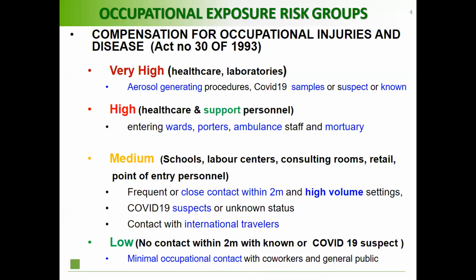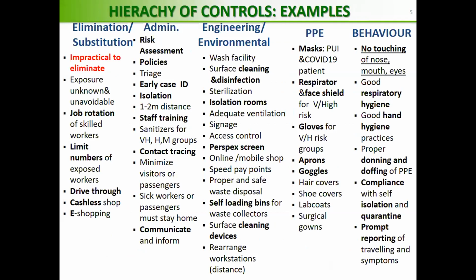So while keeping these 4 categories in mind, I'm going to go through the tool using one example for each category so that we can look at what health effects and where they fit. So this is basically just the hierarchy of controls and examples of what you can do as control measures in your workplace.